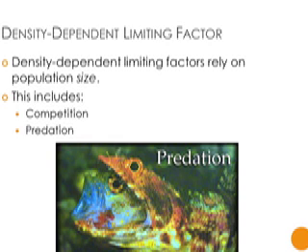Predation occurs when one organism captures and feeds on another organism, like we talked about in the last chapter. The organism that gets eaten is the prey, and the organism that eats the prey is the predator. The predator-prey relationship can affect the size of both the predator and prey populations. For example, a decrease in the prey population will be followed sooner or later by a decrease in the predator population, because there won't be as many prey for the predators to eat.